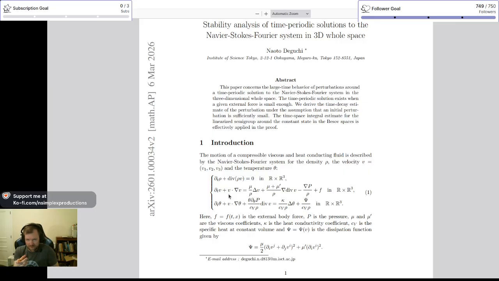Oh, there you go. Mu and mu prime are viscous coefficients. Yeah, it's right in the next paragraph.